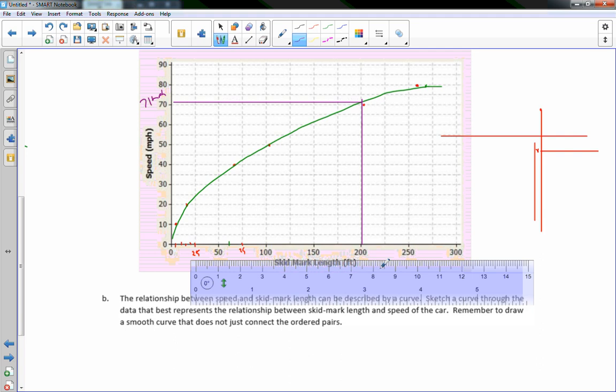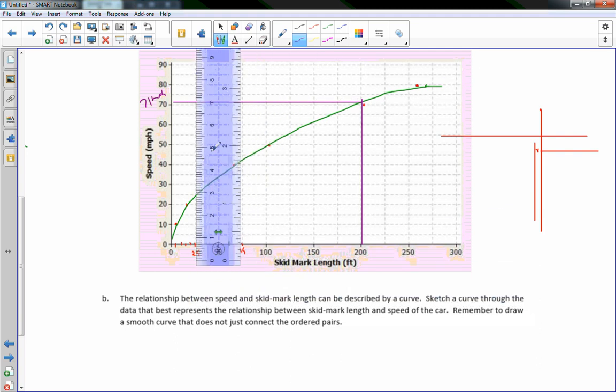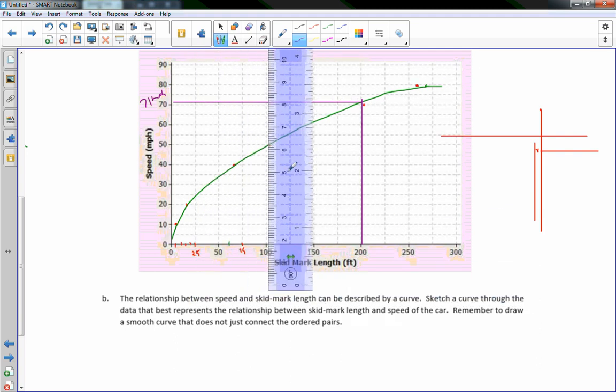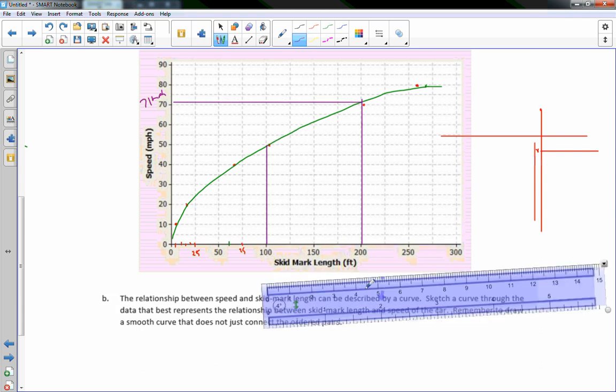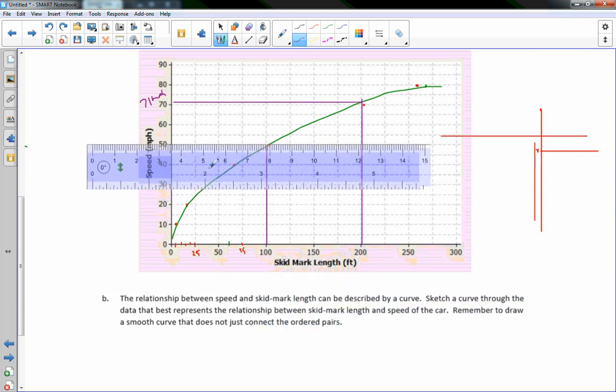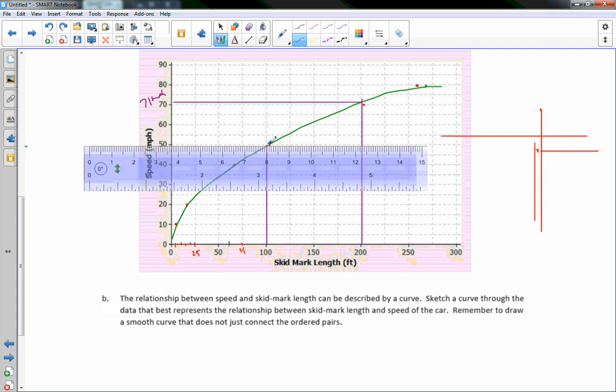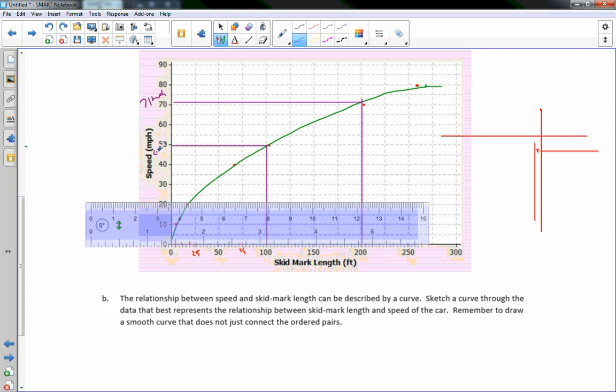Then I want to do another line that would be half of 200 and confirm whether or not it was half the speed. That's what we're trying to determine. So if I draw a line up to there, bring this down, draw a line over from where it makes contact to that curve, which is right here, and it's just under 50 miles an hour, so I'd say 49.